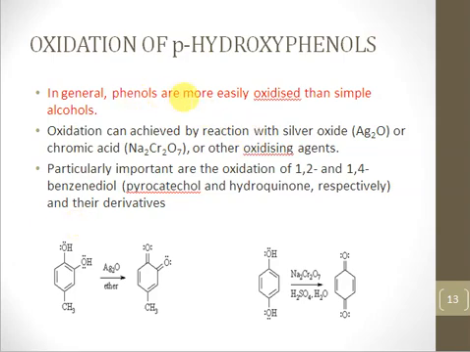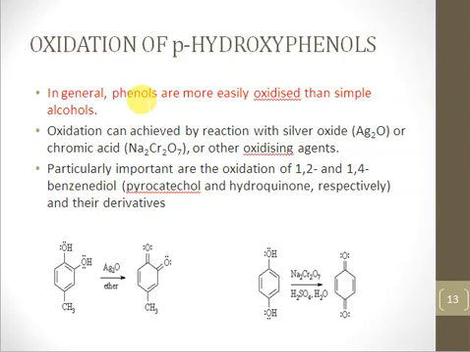Here we can compare the oxidation of phenols and the oxidation of alcohols, because in earlier lectures you saw that phenols and alcohols are quite the same. The only difference is that alcohols have an alkyl group while phenols have an aromatic group.